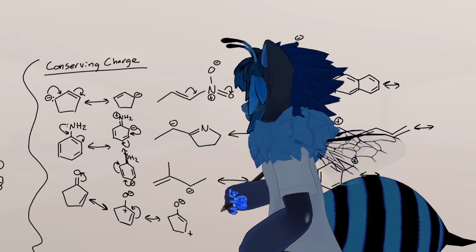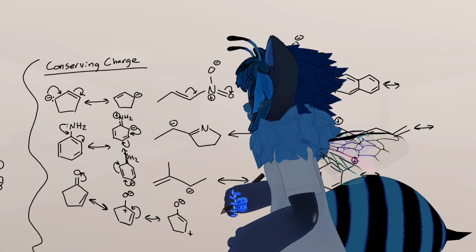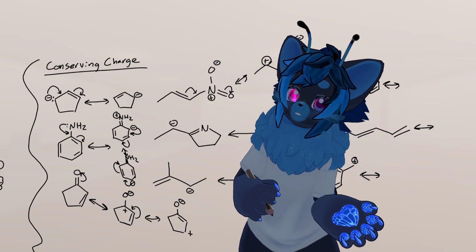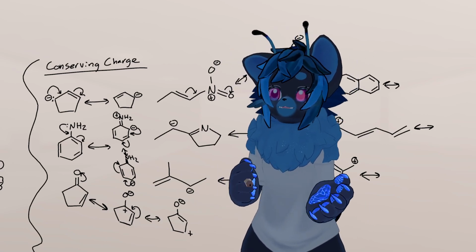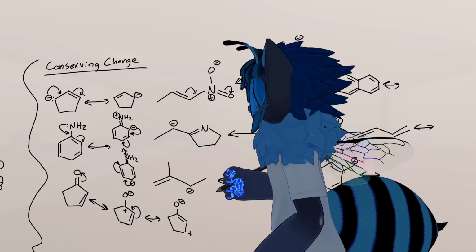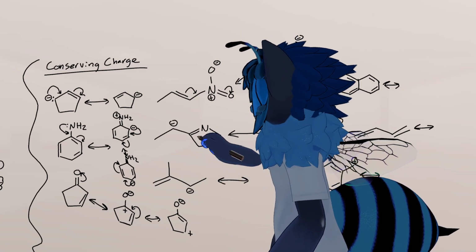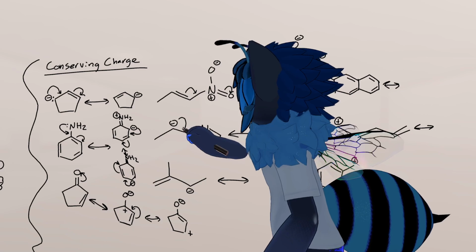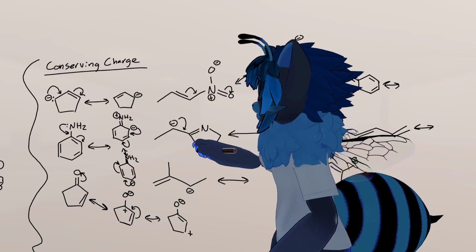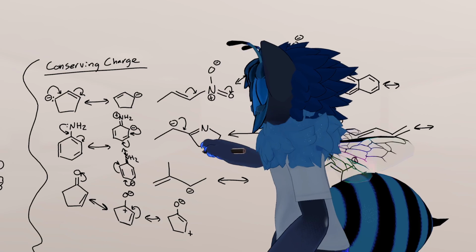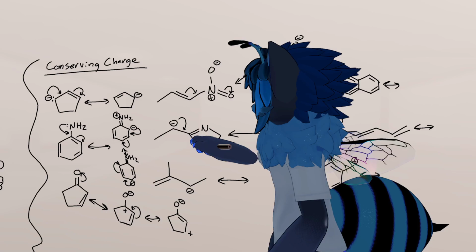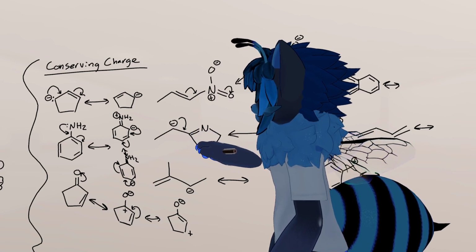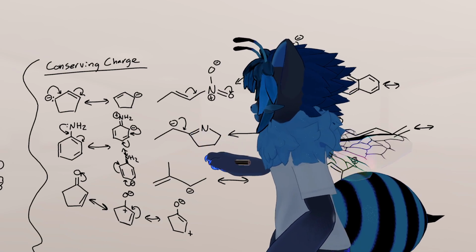A common pattern we see is typically a negative charge next to a double bond or a positive charge next to a double bond. They like to move between each other. So if we see this negative charge next to a double bond, this negative charge can form a double bond with this carbon. Because that carbon can't be pentavalent, one of these bonds is going to have to move somewhere.